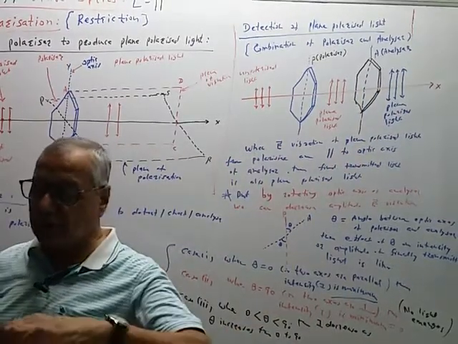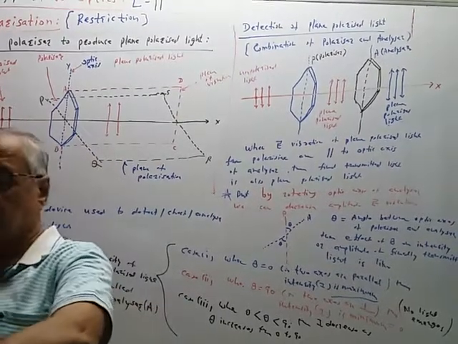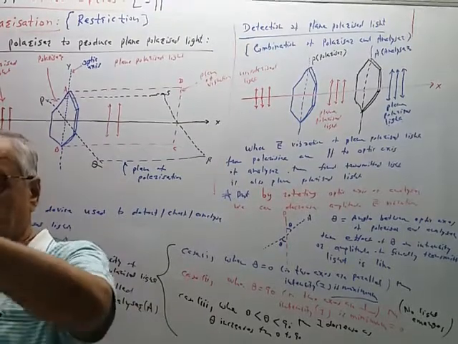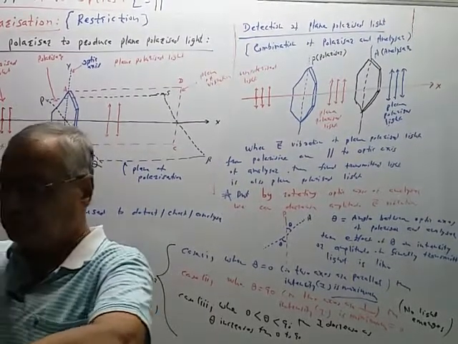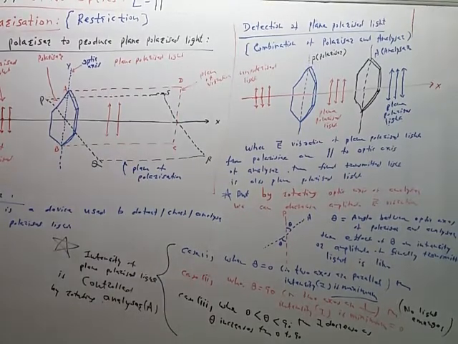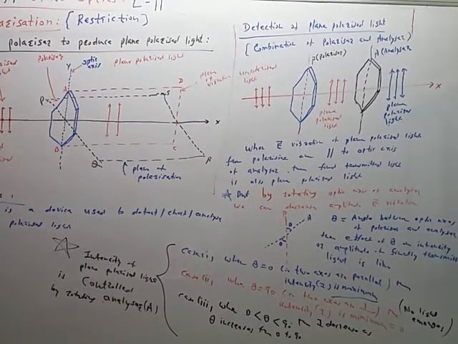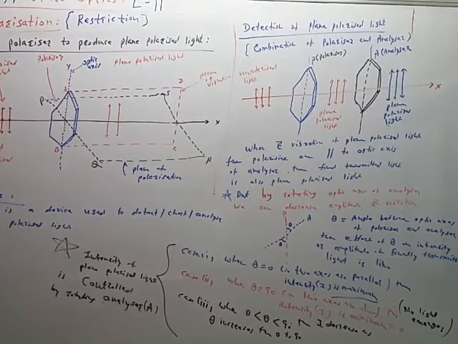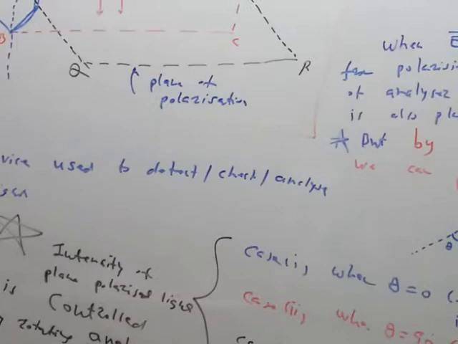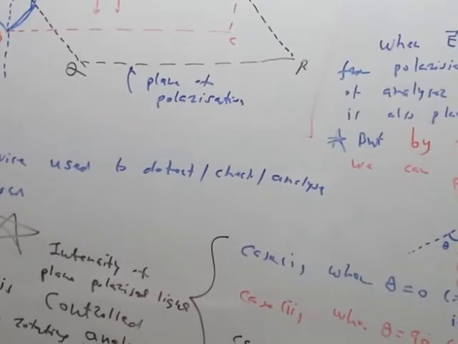So intensity control is the main use, and it is used in so many cases like this. We will see the intensity of the transmitted light in different cases. Okay, we will stop here.